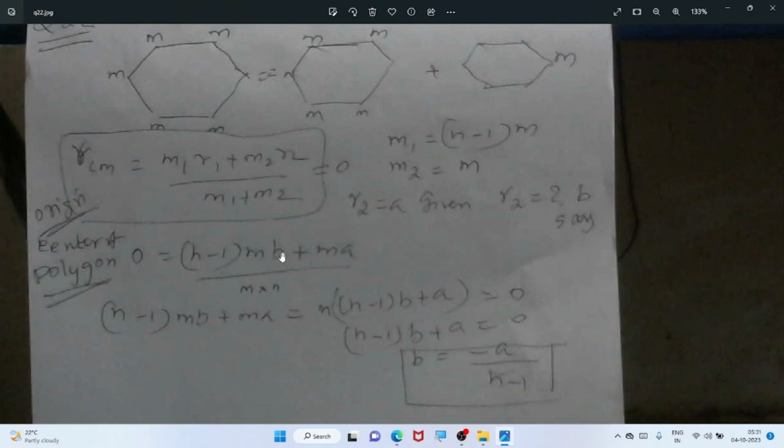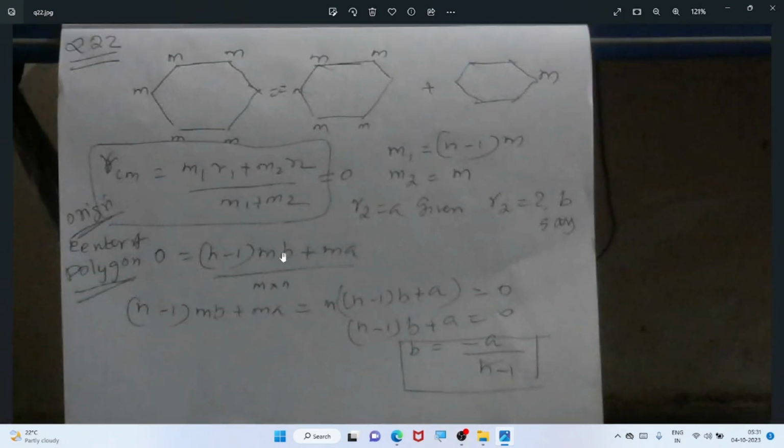If you divide this into two parts, one is the n minus 1 particles and another is the nth particle.